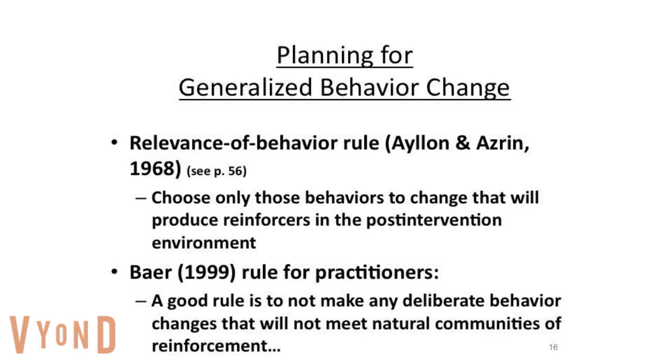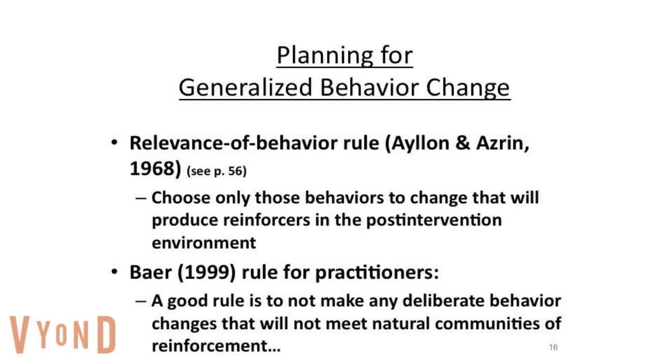On page 56, they talk about the relevance of behavior rule, as mentioned in a 1968 article by Ayllon and Azrin. That rule is basically saying to choose behaviors that will produce reinforcers in the post-intervention environment. So that's saying the same thing.